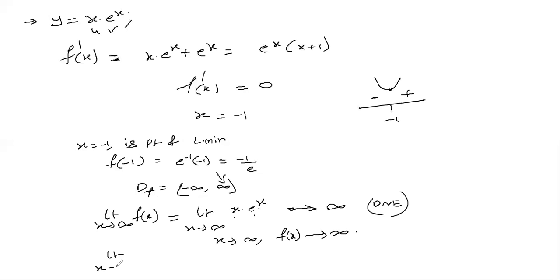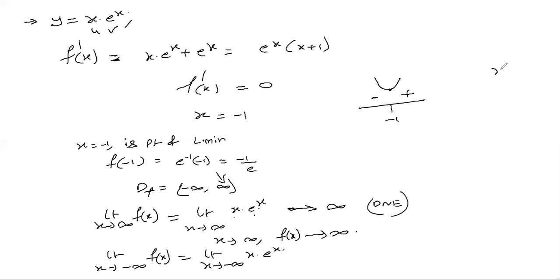Limit x tends to negative infinity, f of x we need to identify. Limit x tends to negative infinity of f of x is what? x into e power x. So listen carefully. x into e power negative infinity we have to identify.